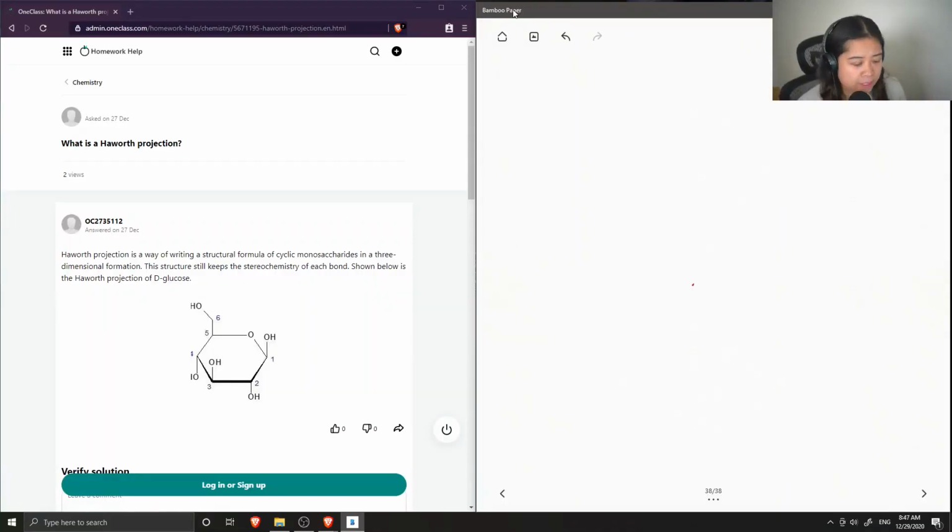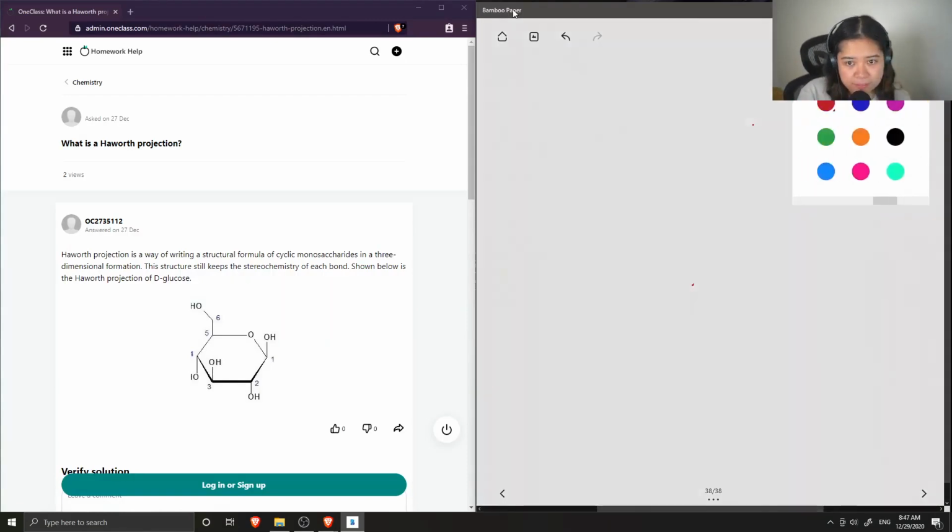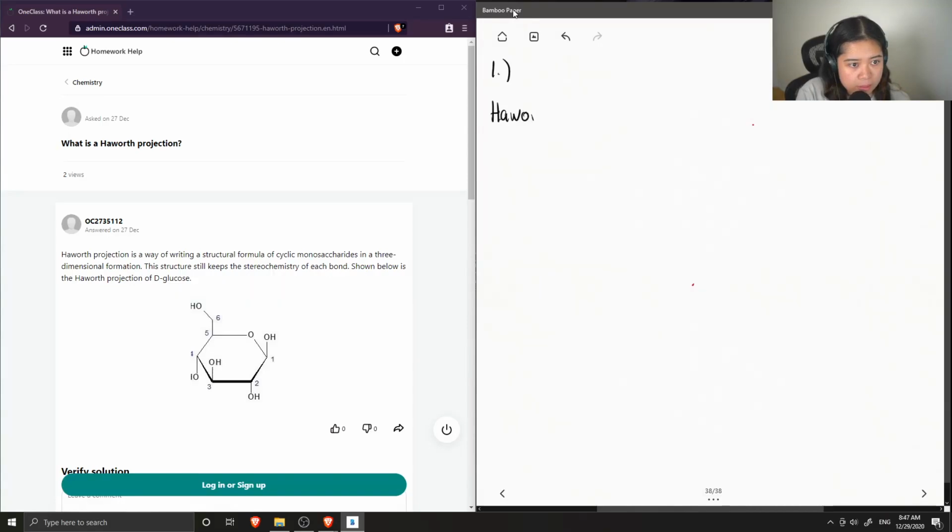Okay, so question 1 just asks, what is a Haworth projection? A Haworth projection is typically used to depict cyclic sugars.